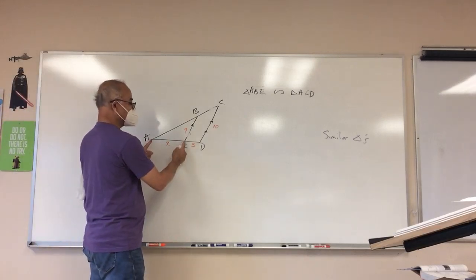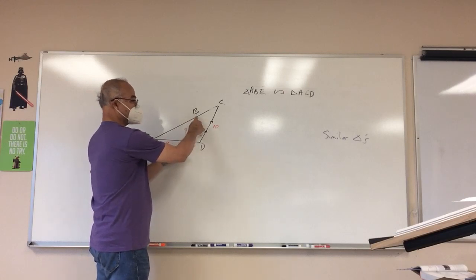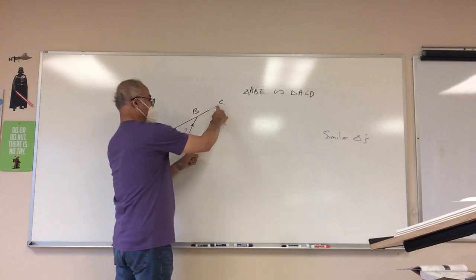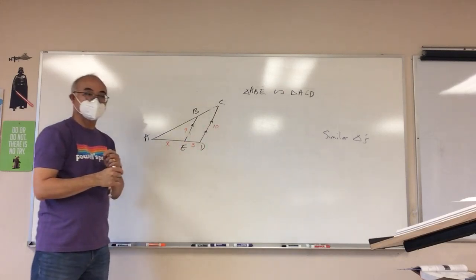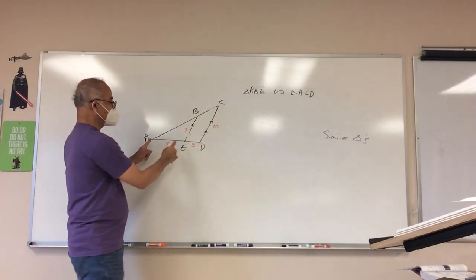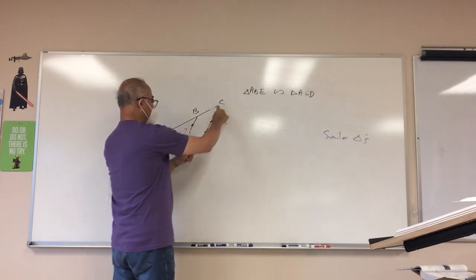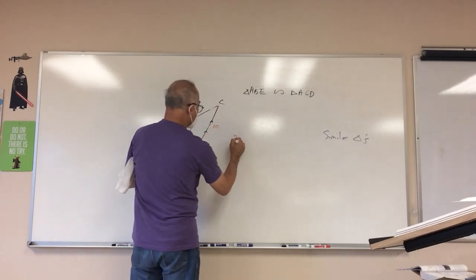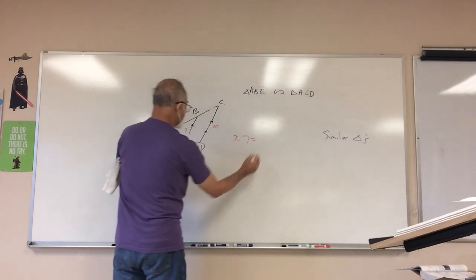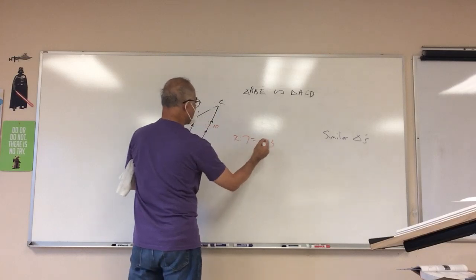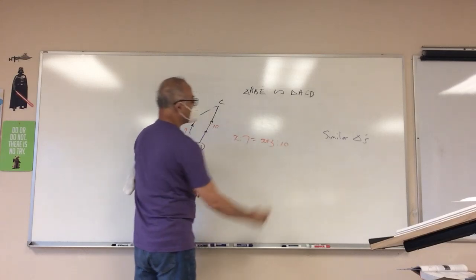This to this is this to this, correct? Right? So AE to EB is the same as AD to DC. So I have x to 7 is equal to x plus 3 to 10.